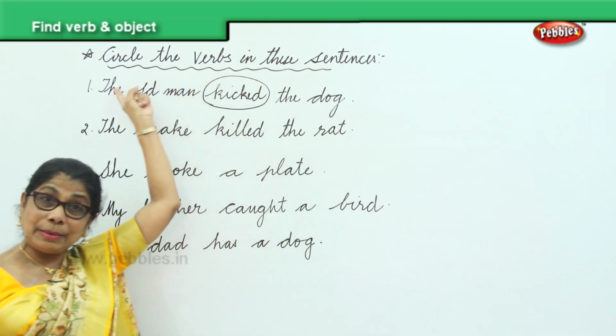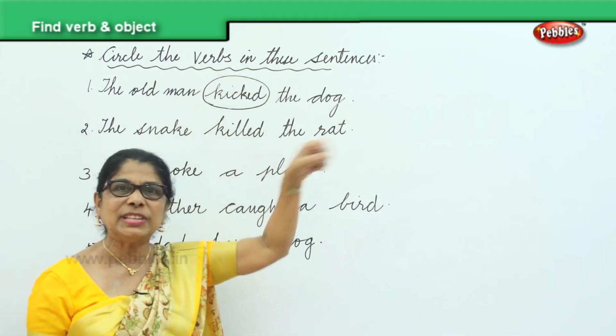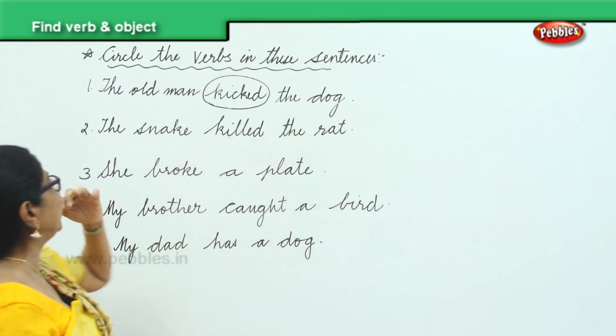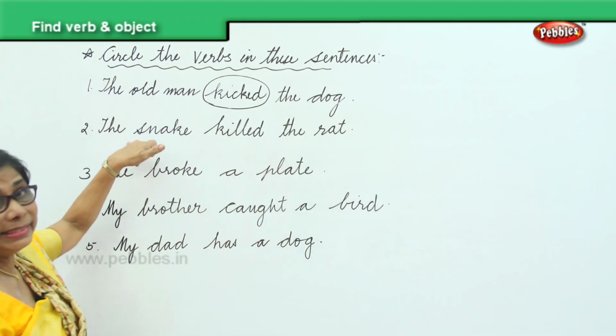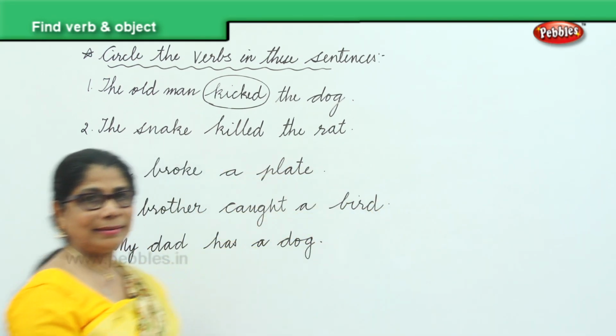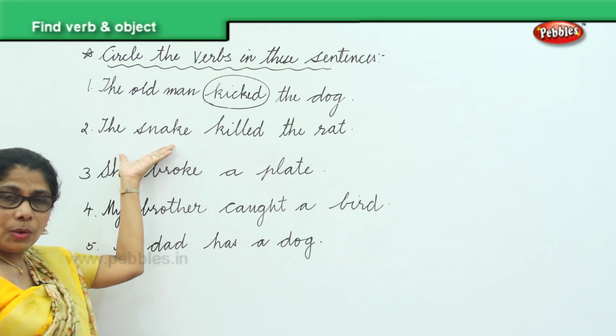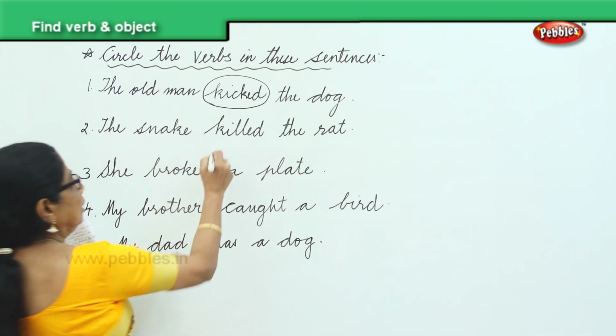So, you have the subject, and the verb is circled. What object did he kick? The dog. Okay. Next, circle the verb in the next sentence. The snake killed the rat. What is snake? The subject. What did the snake do? Killed.